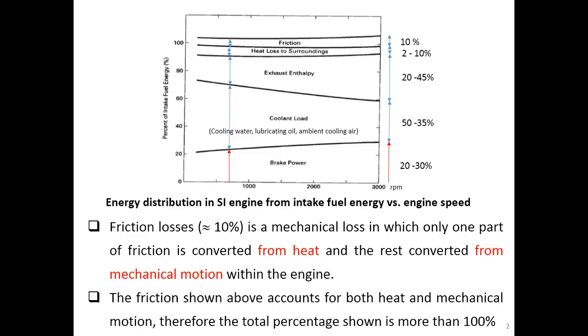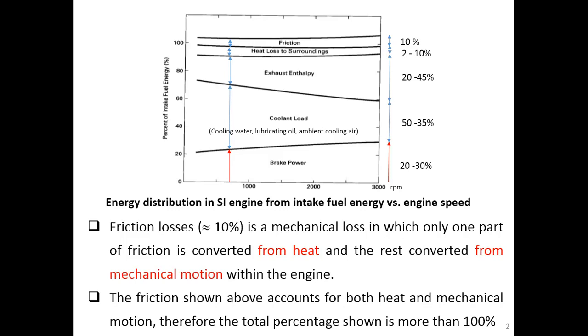So the other friction loss, not from the heat, is converted from the mechanical motions within the engine, right? So you can see the repeated energy here in friction losses, because the original one comes from the heat, and that original one turns into friction at the very beginning, right?